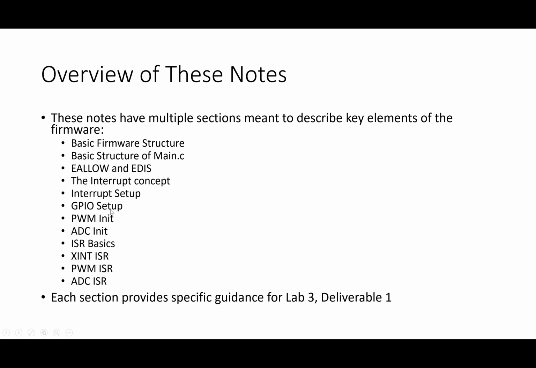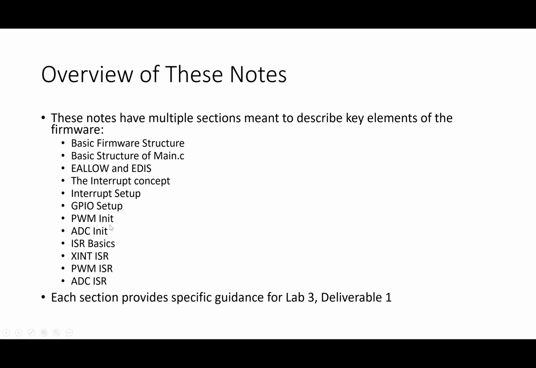Okay. The GPIO setup, I talked about this in class as well. The section on GPIO setup also talks about the external interrupt setup. PWM Init and ADC Init basically talk about how we initialize the PWM and ADC modules.